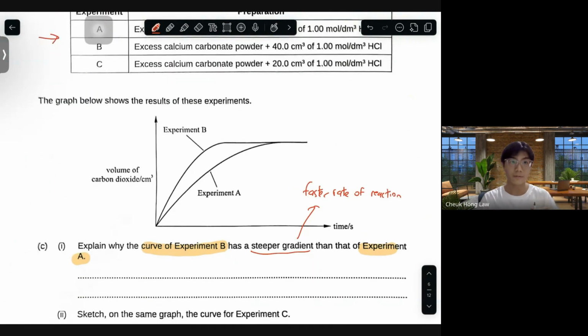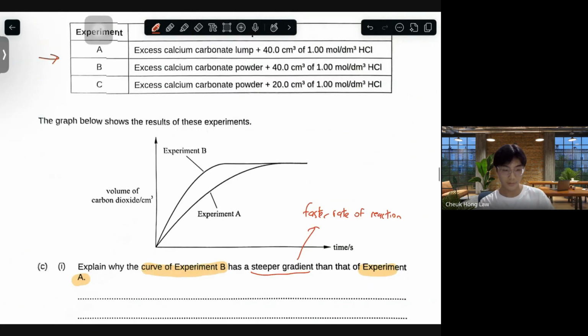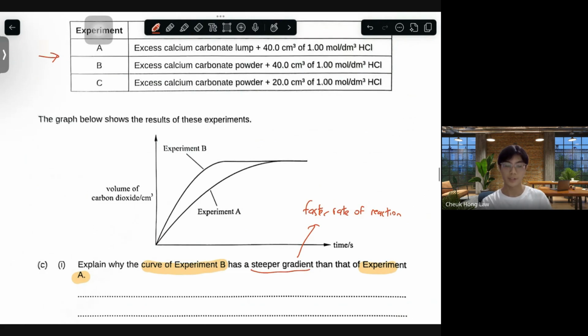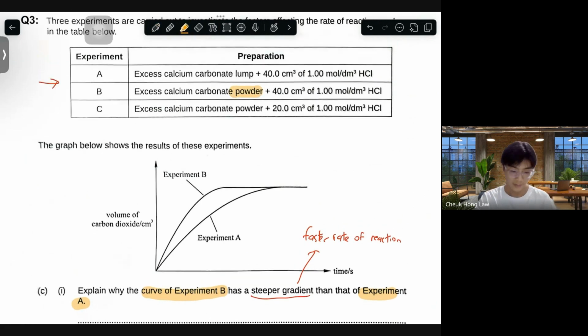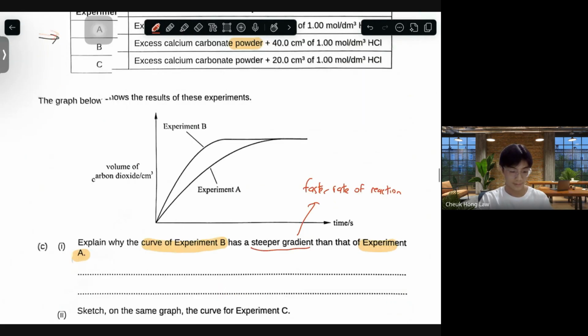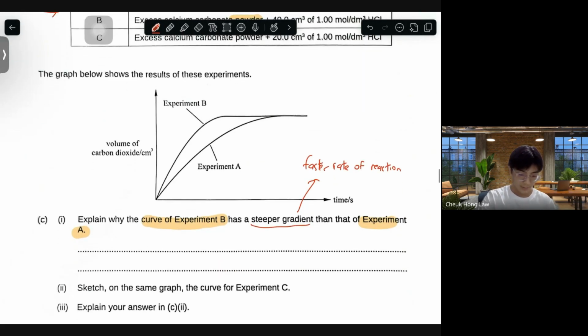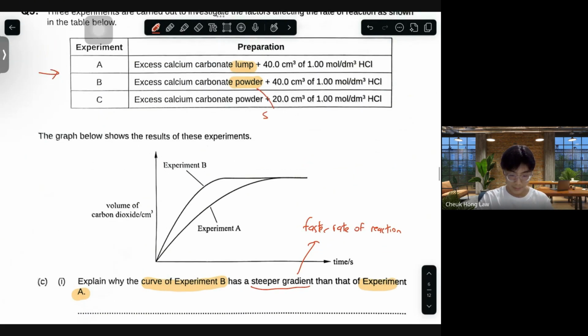Okay, explain why the curve has a steeper gradient. So steeper gradient means faster rate of reaction, right? And why does it have faster rate of reaction? Because B uses calcium carbonate powder and A uses calcium carbonate lump. So powder has a smaller particle size compared to lumps.